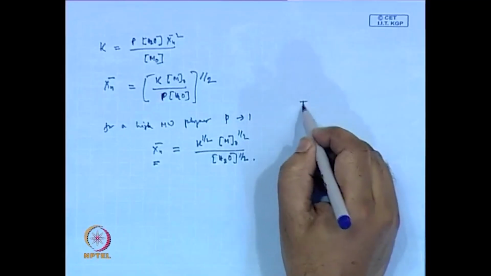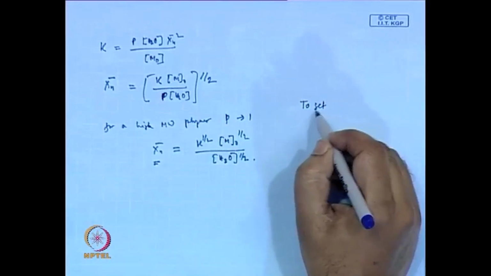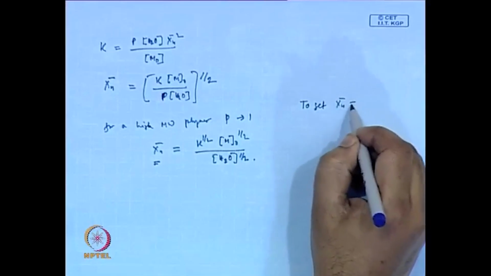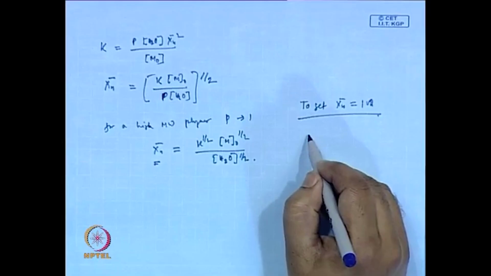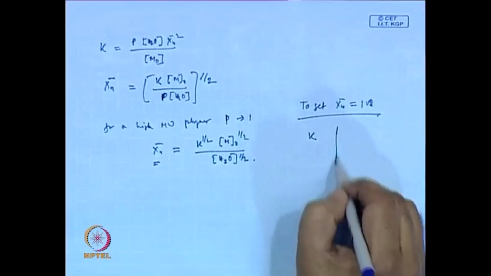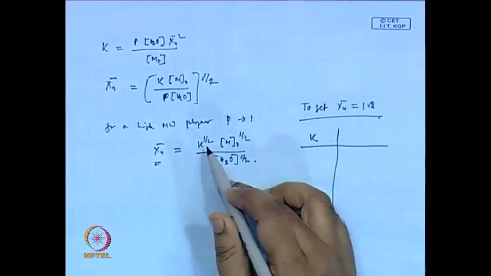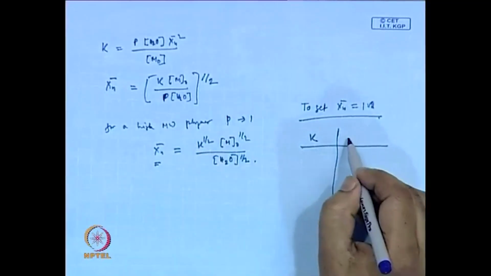Now, we are trying to get an Xn bar of 100. How are this K and H2O related?